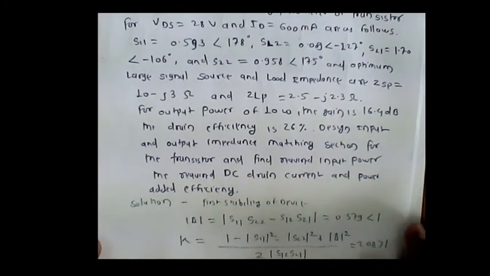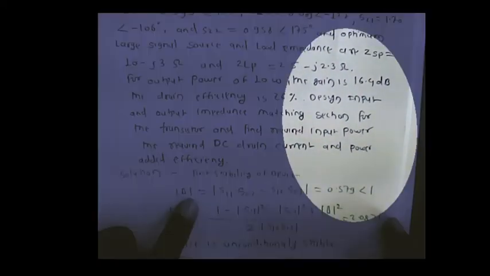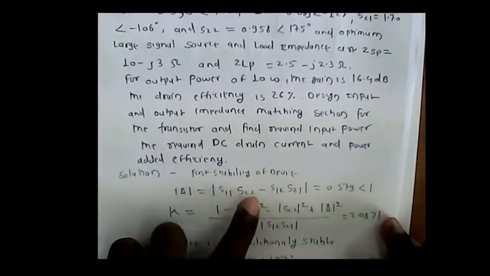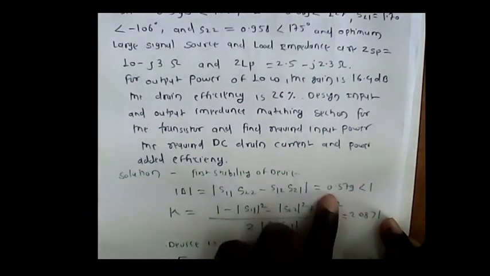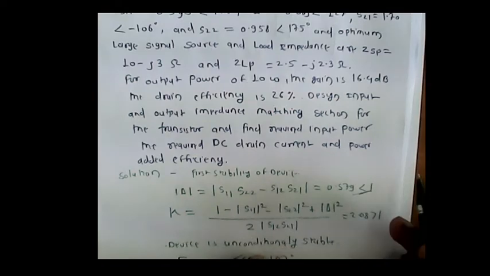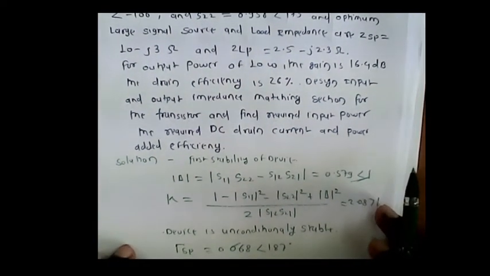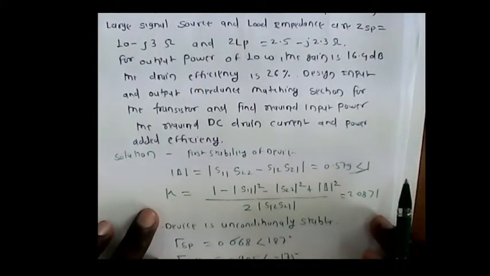First we check the stability of the given device by using Rollett's condition. In two terms, delta is given by S11 S22 minus S12 S21, which comes out as 0.579, which is less than 1. So the first condition is satisfied. Second, we find K, which must be greater than 1.